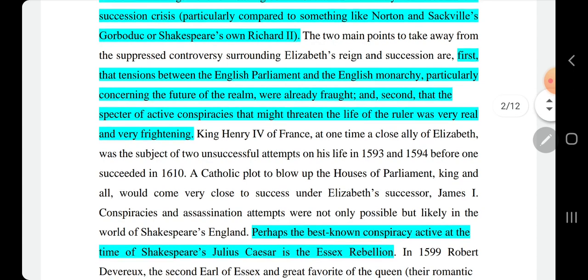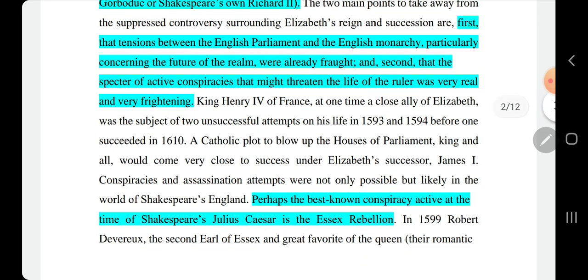We will come to that later. However, these conspiracies were very real and frightening. And this is what happens in our play Julius Caesar: we will see that there is a conspiracy against Caesar, carried out by the people who surround him.